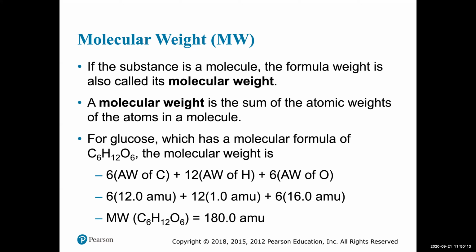The thing I will tell you about these atomic weights: sometimes you see them like this, where they give you 1 digit past the decimal place. Sometimes there are no digits past the decimal place. Sometimes there are 6 or 7 digits past the decimal place. It just depends on how accurate your calculation needs to be. There are some things where you need to be amazingly accurate, and that's where you'll have a lot of decimal places.